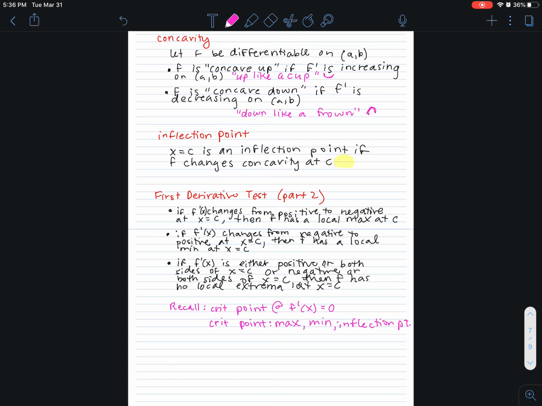Okay? So critical points, oh sorry, I guess where f prime of x is equal to 0 or f prime of x does not exist. And so all the points there where it isn't a maximum or a minimum, then it's an inflection point. Okay?